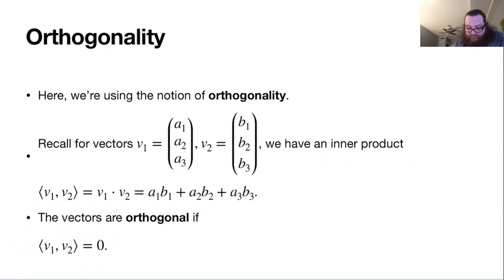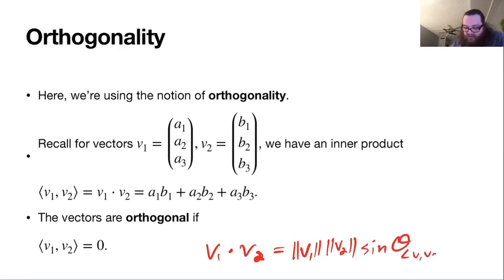Another way to interpret this: v1 dotted with v2 can also be expressed as the magnitude of v1 times the magnitude of v2 times cosine of the angle between the vectors v1 and v2. I think this should actually be cosine.